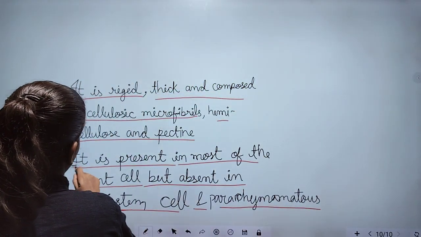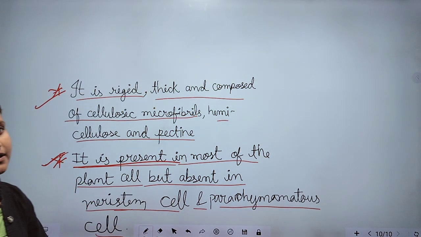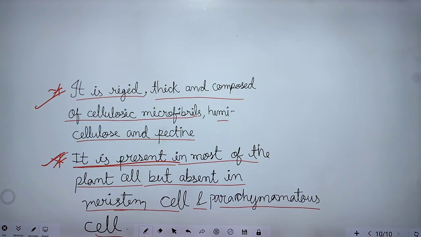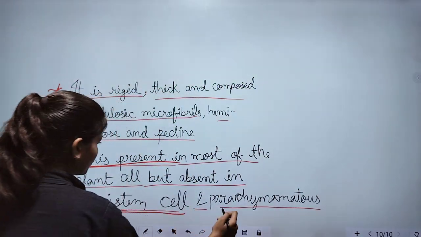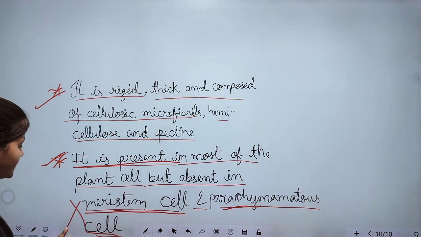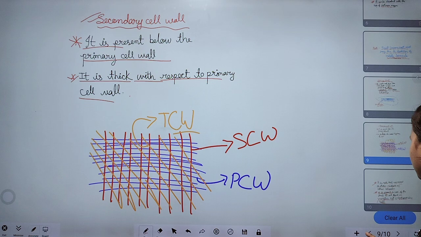Okay, it is present in most of the plant cells but absent in meristem cells and parenchymatous cells. In both cells, secondary cell wall is absent. Okay, it's all about secondary cell wall.